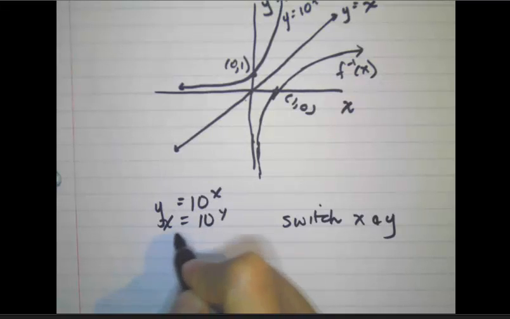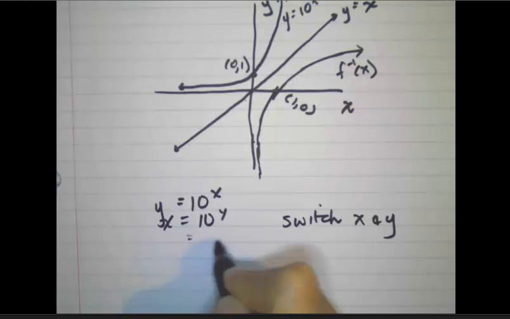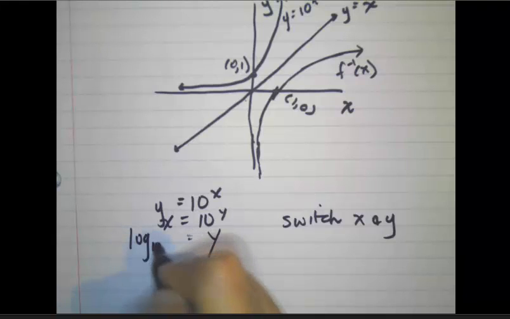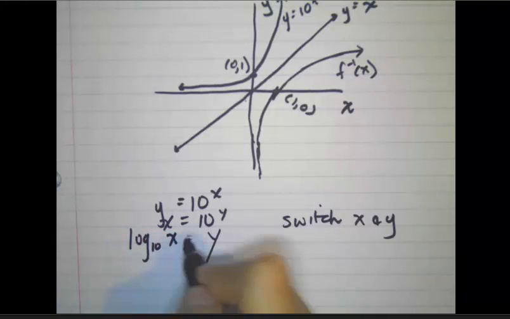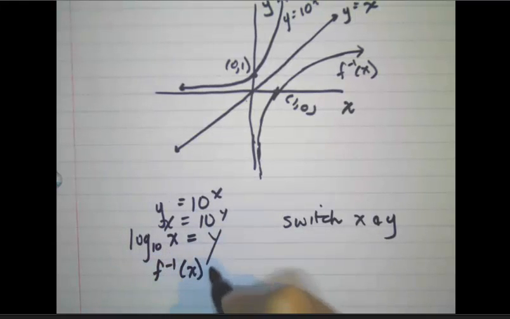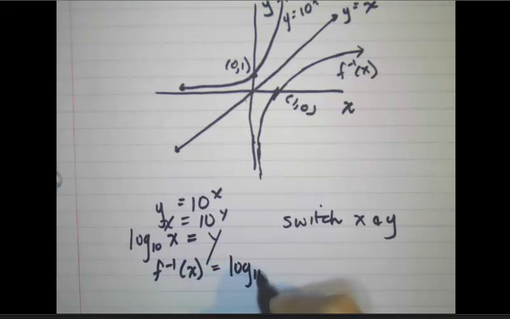So if we take the logarithm base 10 on both sides, we get y is equal to log base 10 of x. So the inverse of 10 to the x is log base 10 of x. This is just by definition. We define the logarithm as the inverse of the exponential function 10 to the x.